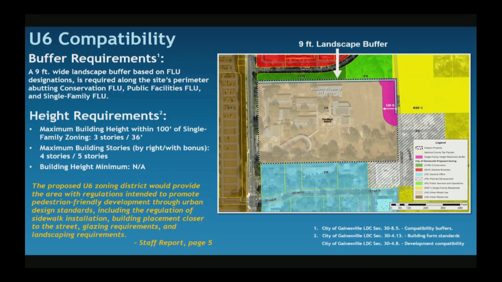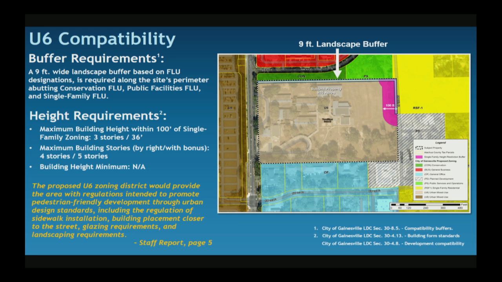The U6 development standards also help ensure compatibility with abutting and surrounding uses. Since the site abuts conservation area, public service, future land use, and single-family residential, a 9-foot landscape buffer will be required on those abutting areas.